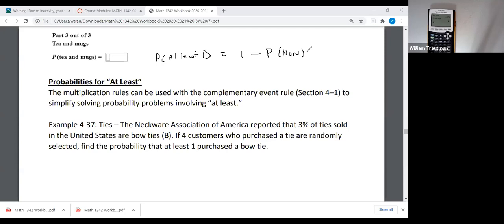At least 1 means I have at least 1, but I could have $1 million. At least 1 means 1 or more. Another way of saying at least 1 is 1 minus the probability of none.